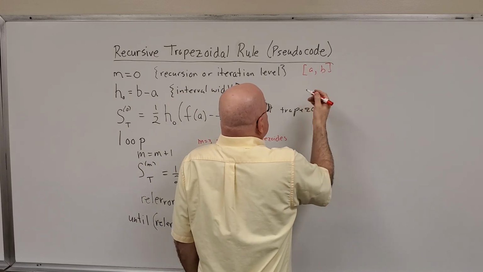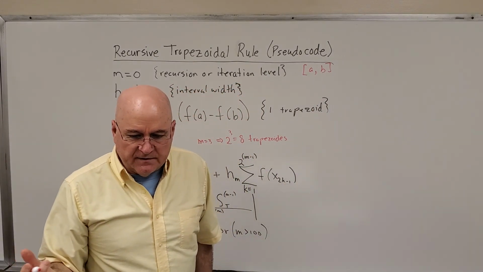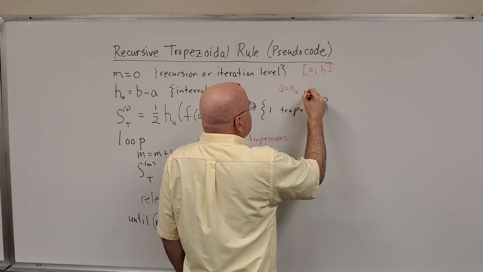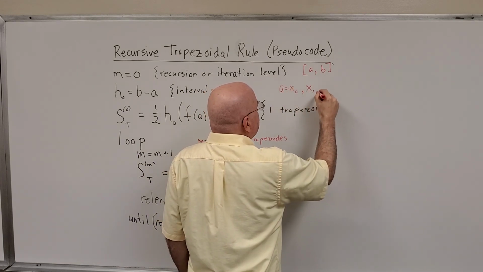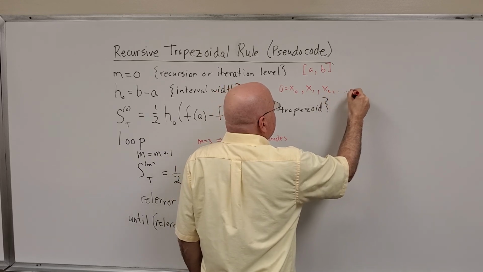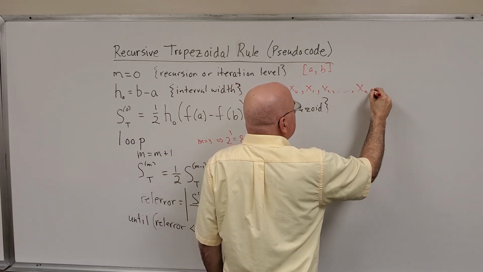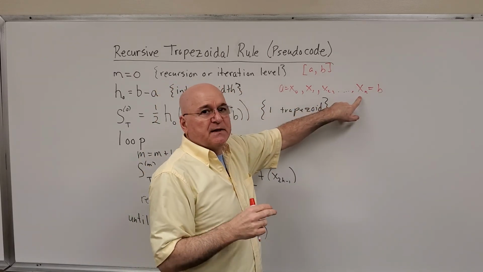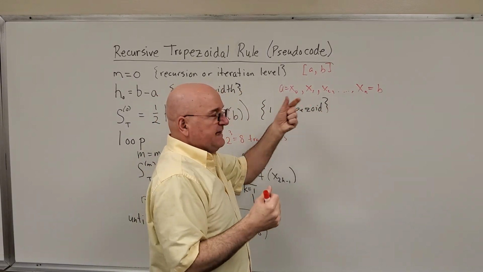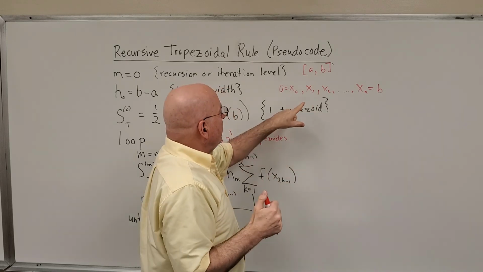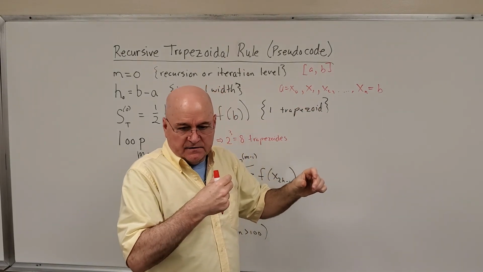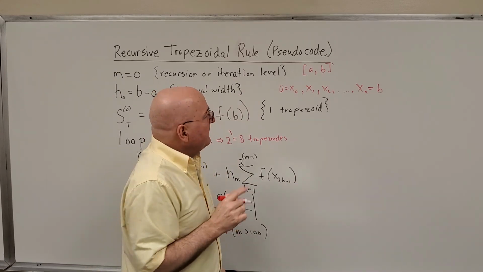So our points in an iteration, I'll just say A is always x0, and then the next one is x1, the next one is x2, and it goes all the way up to xn, which is B. So notice we have actually n plus 1 x values, evenly spaced, n plus 1 because it starts at 0, and that gives us exactly n intervals.